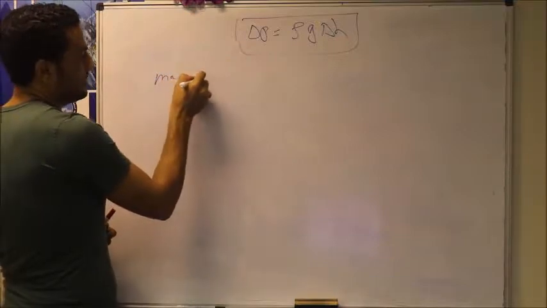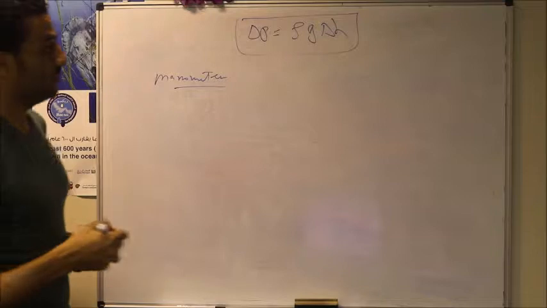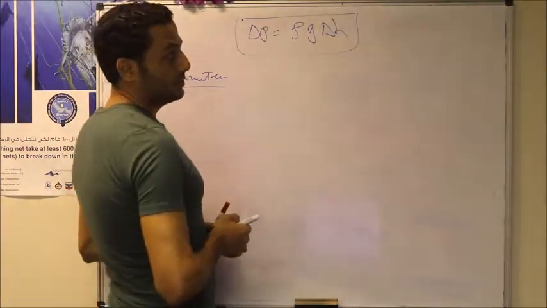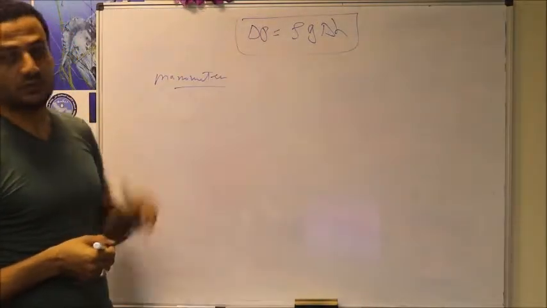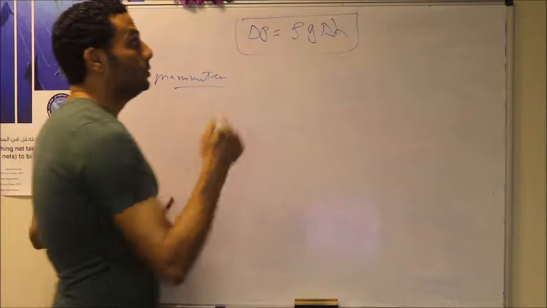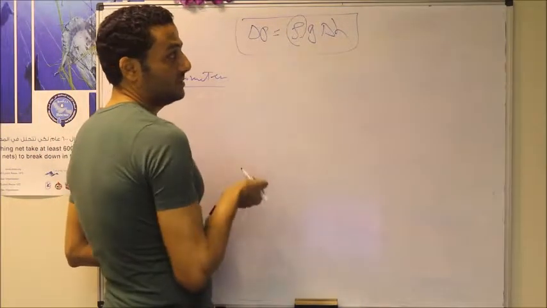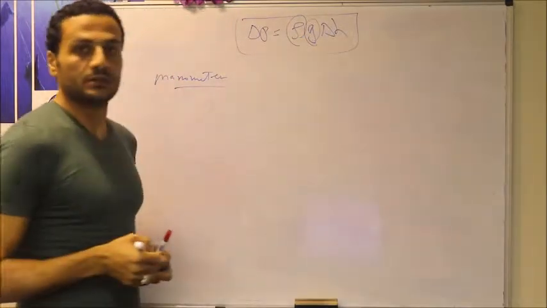Manometer is a pressure measuring device. The idea of the manometer: we have delta P equal to rho g h. If we have any 2 points and we need to measure the pressure difference between those 2 points, the density is constant, since for an incompressible substance density is almost constant, and gravitational acceleration is constant.